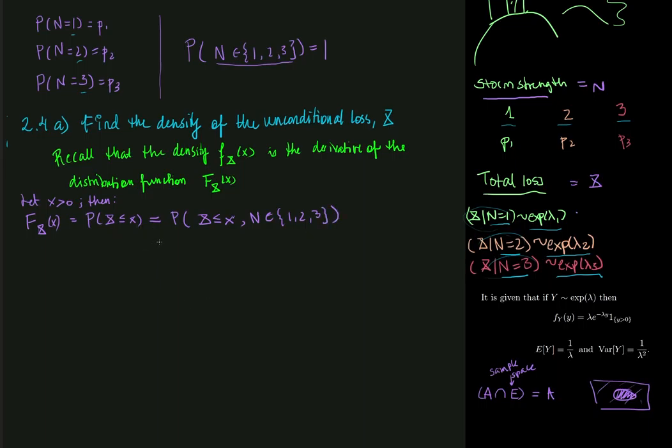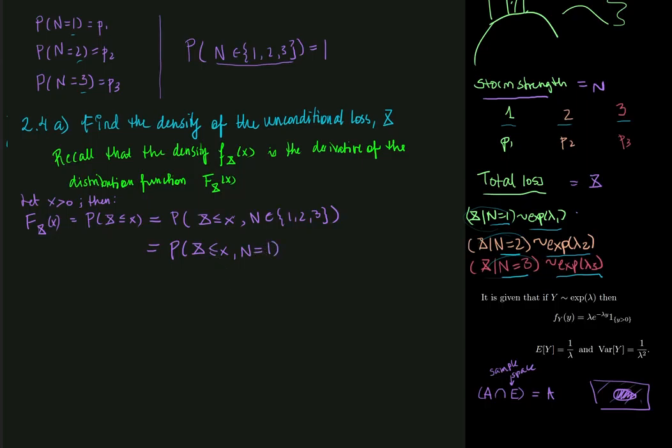And the next thing that we can do, well, we want to get to some point where we have n equal 1, n equal 2, n equal 3. So the next thing we can do is to recall that the three events n equal 1, n equal 2, n equal 3 are disjoint. So that means I can split this up into the sum of three probabilities.